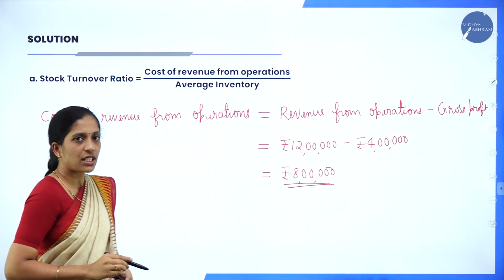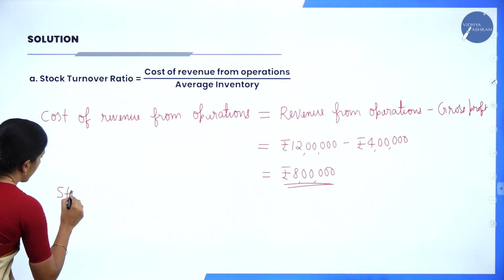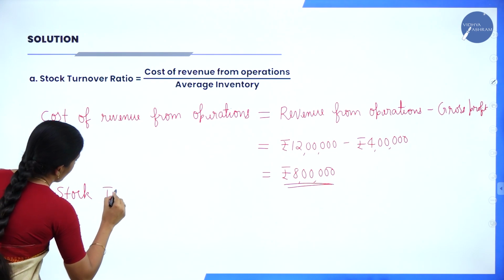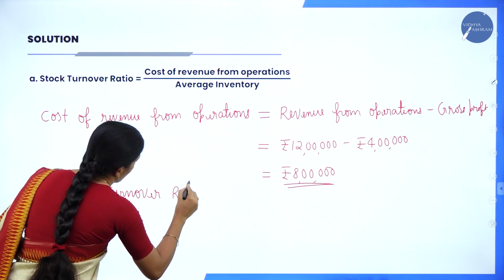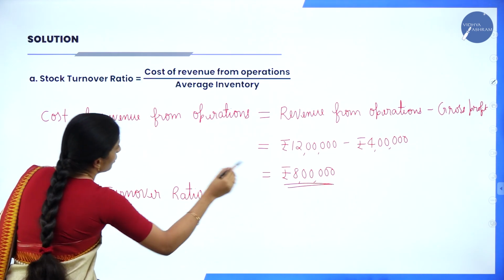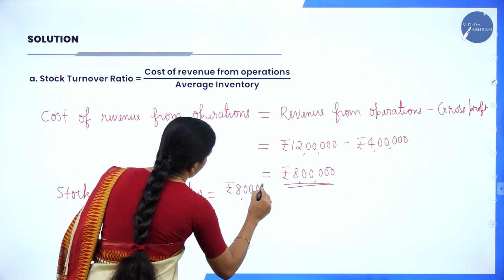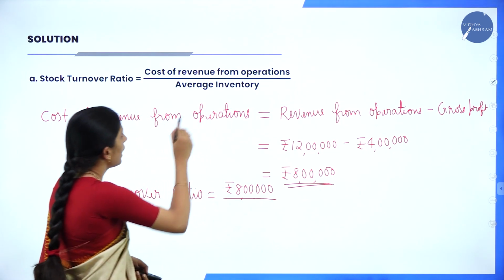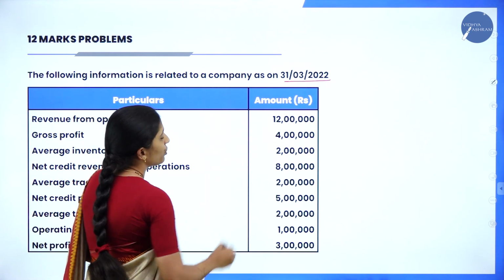Now, we know average inventory. So, we shall directly find out stock turnover ratio. Stock turnover ratio is equal to cost of revenue from operation, rupees 8 lakh, divided by average inventory. Average inventory here is 2 lakh.